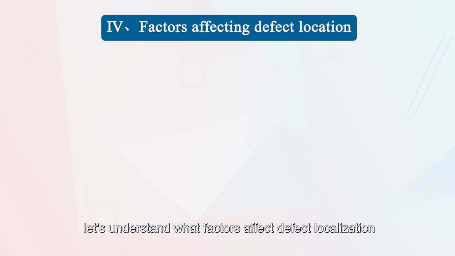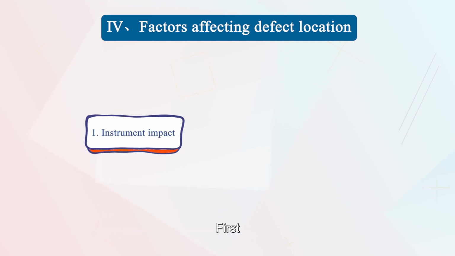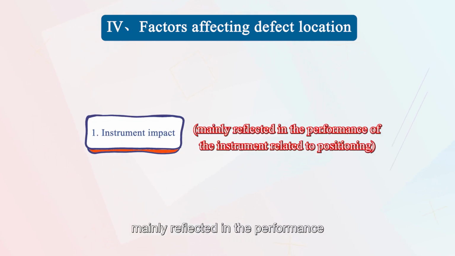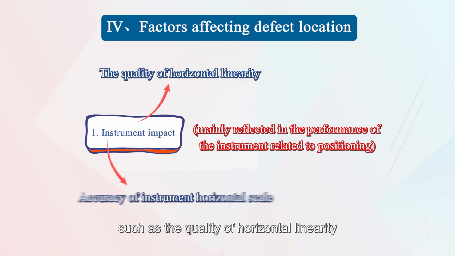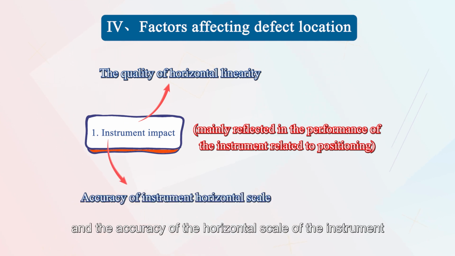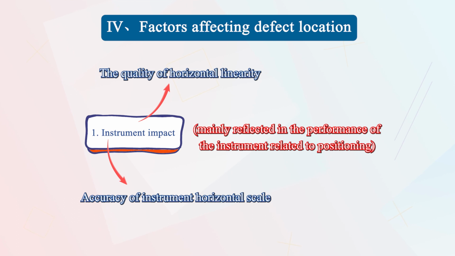Finally, let's understand what factors affect defect localization. First, the influence of the instrument, mainly reflected in the performance of the instrument related to positioning, such as the quality of the horizontal linearity and the accuracy of the horizontal scale of the instrument.